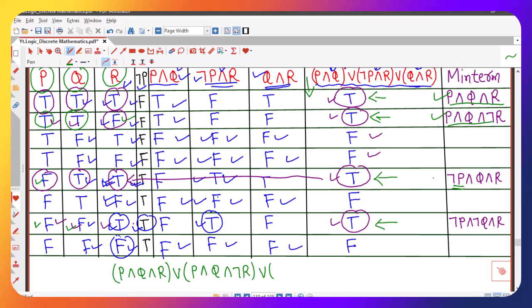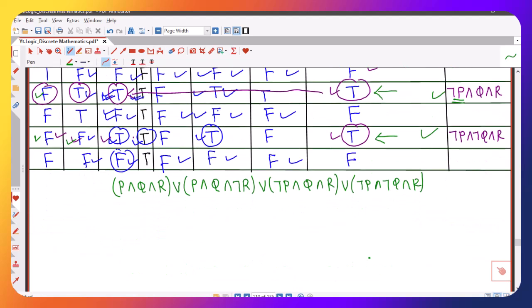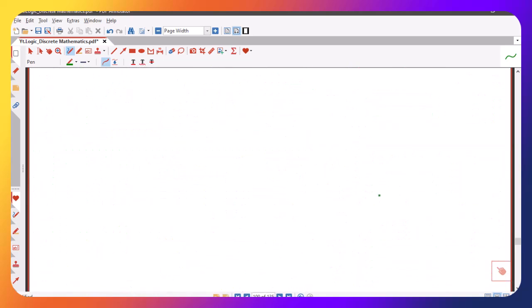After that this one, negation P and Q and R, or the last one is negation P and negation Q and R. And we can see this is the disjunction of min terms only, which we just wrote here.